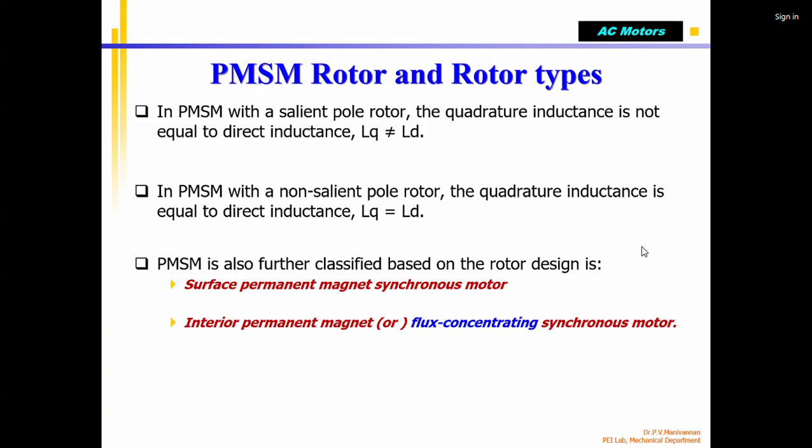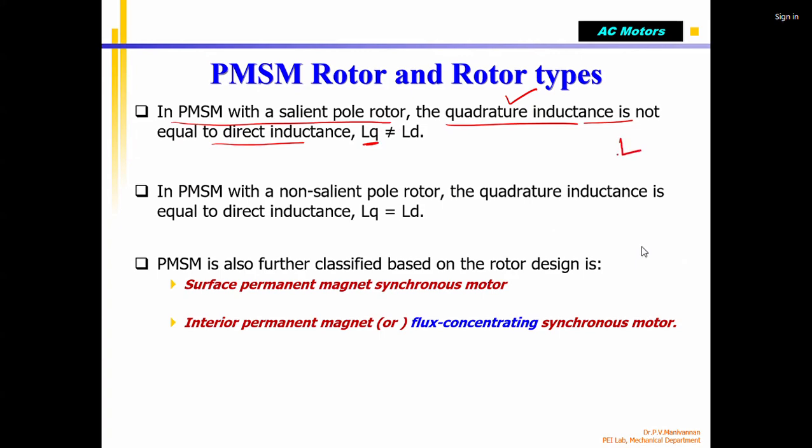When we talk about PMSM rotor types, a PMSM with a salient pole rotor has quadrature inductance not equal to direct inductance. When you talk about the rotor, they talk about inductance. One is called quadrature inductance, the other is called direct inductance.